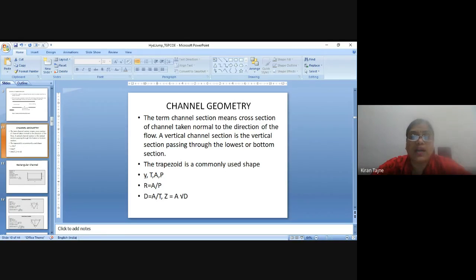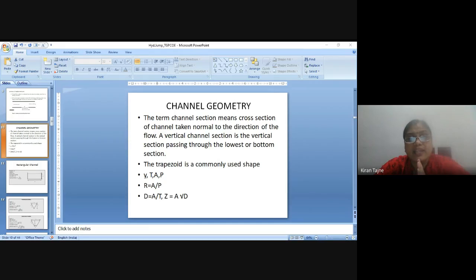This small y is nothing but the depth of flow, the vertical distance from the water surface to the lowest point of the channel section. Then capital T is the top width, the width of the channel section at the water surface.